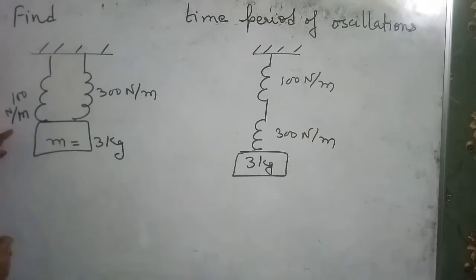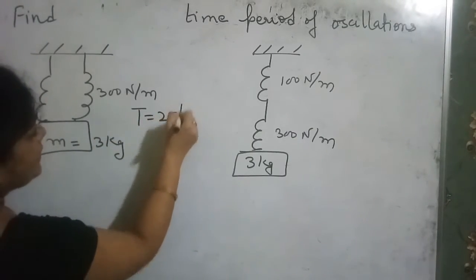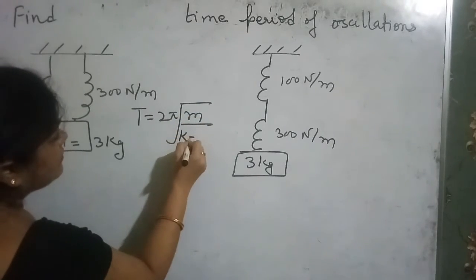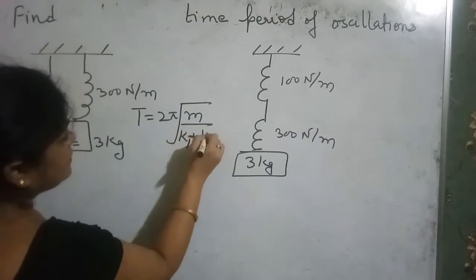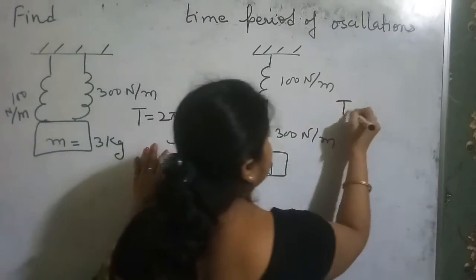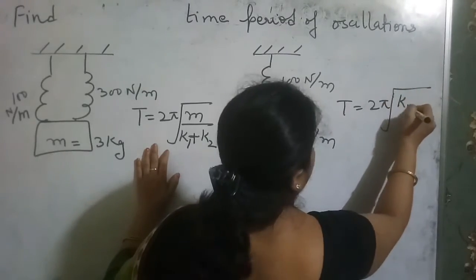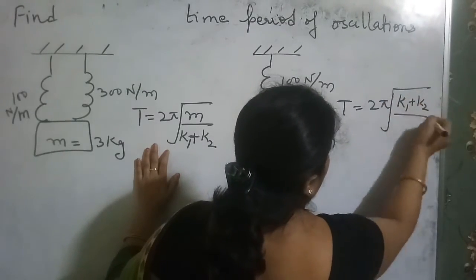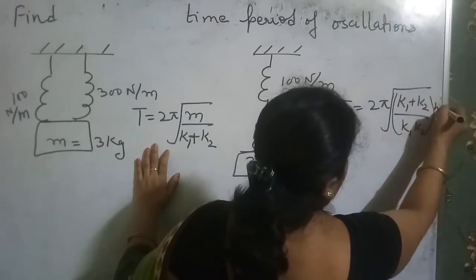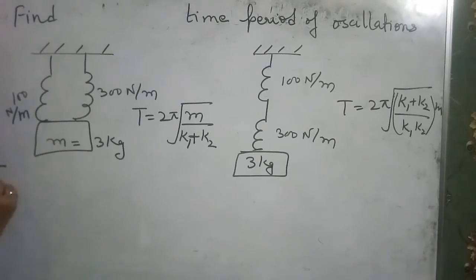As I told you earlier, the formula for this figure is 2 pi under root m over K1 plus K2, and the formula for this figure is 2 pi under root K1 plus K2 over K1 K2 into m. Clear? Now I am going to find out one by one.